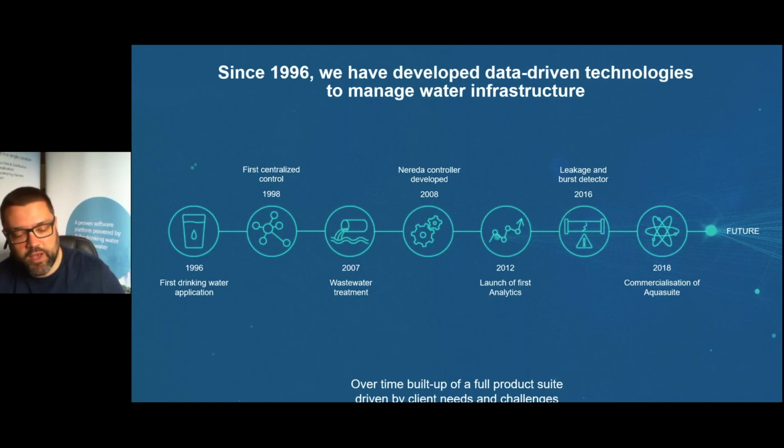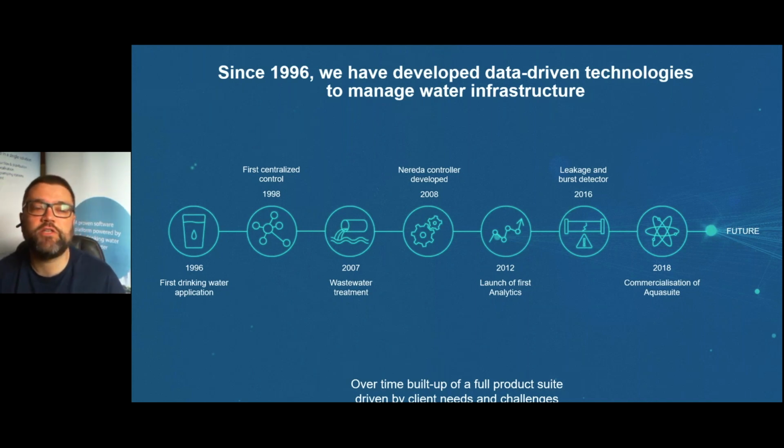So we actually started working with one of our clients in the Netherlands, who was a consultancy client of ours. They had a particular challenge around drinking water. They had a big urban area, a city, and that city was fed with water from 3 different sources.